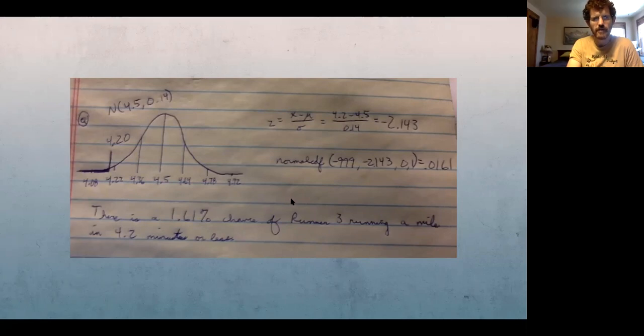You know, I felt pretty solid about this yesterday. And it's good to see what AP expects as an answer. So now I can go back and I can say, okay, I didn't actually answer the literal question that was asked of me: is this likely to happen? I should have said something like, no, it is not likely to happen because according to the normal model and the probabilities calculated, there's only a 1.61% chance of this happening.